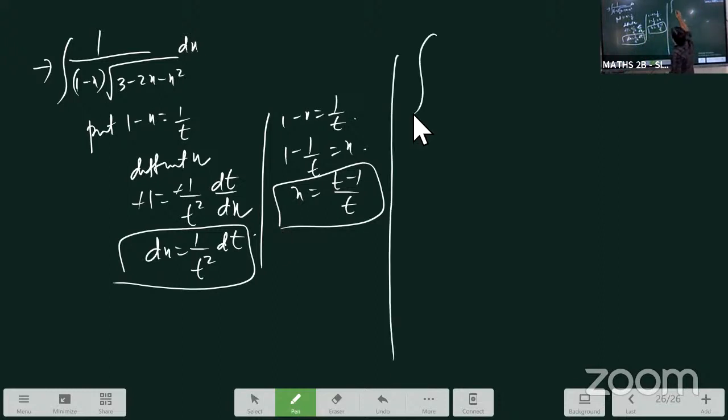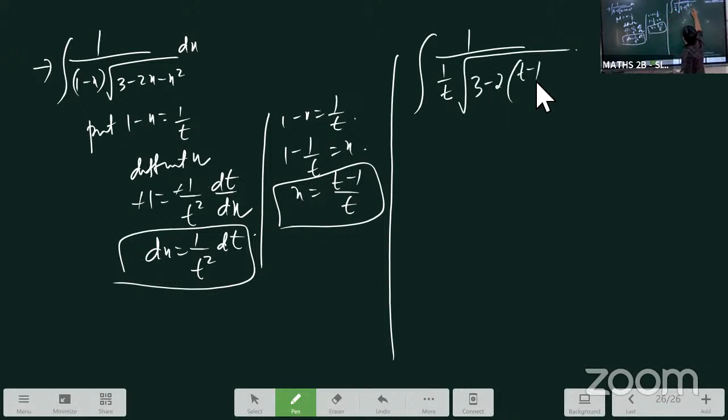That is integration of 1 by (1 by t), under root of 3 minus 2 into (t minus 1 by t) minus (t minus 1 by t) whole square.